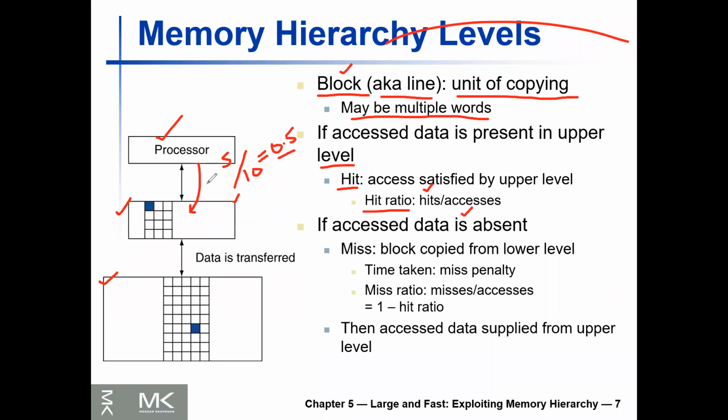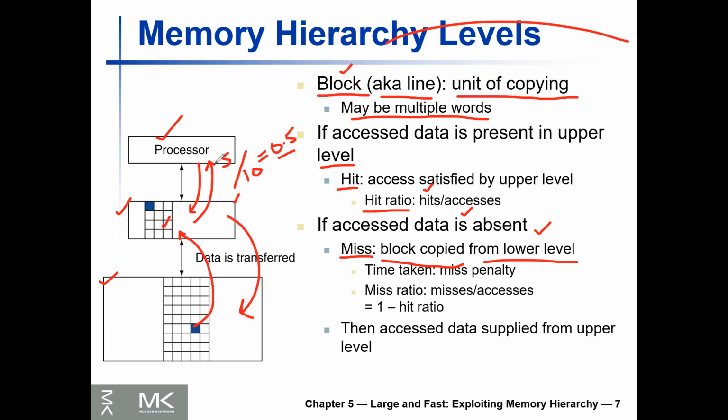And now guys, as I told you, 5 times you are getting the data here, but what about the remaining 5 times where you did not get the data? If the accessed data is absent, we call this a miss. In this case, the block is copied from the lower level, meaning go to the lower level, look for the block you are looking for, and bring that block to the upper level, then from the upper level it is served to the processor.